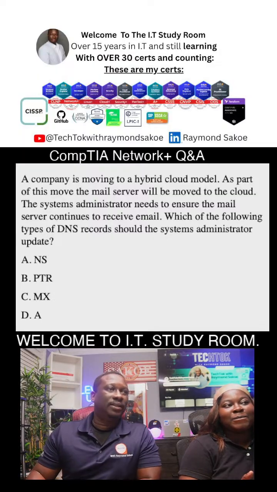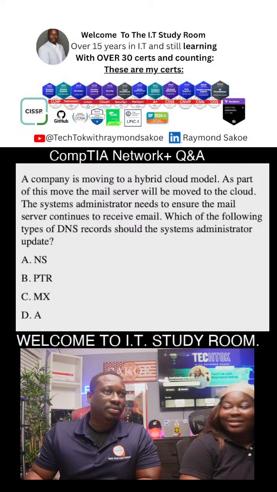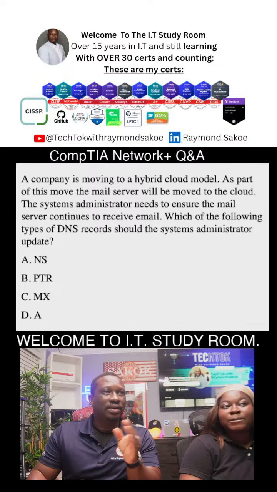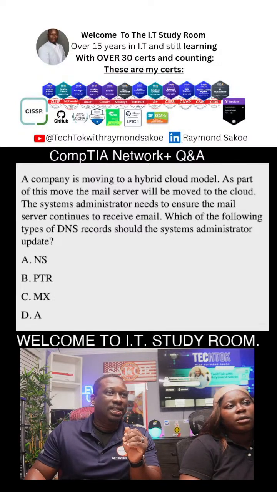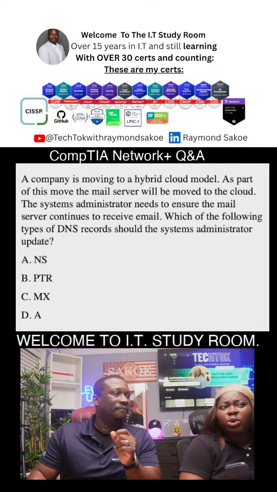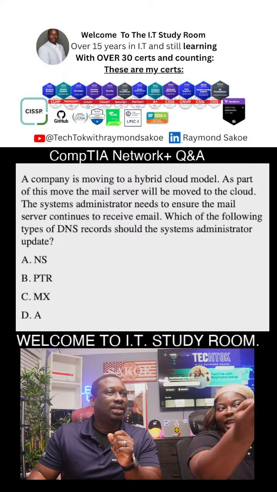So there are different types of DNS records. We have mail record, name server, pointer, the A record, and each one of them is for a specific purpose. Which one is pointer? The PTR. And which one was A? D. I'm sorry, which one was A? NS. Name server.